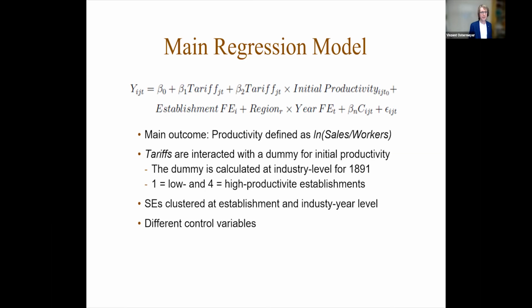So I determine the initial productivity level of all firms by looking at the industry level productivity, and I determine how initially productive they were in comparison to their competitors, that is, whether they were initially more or less productive than their competitors in their industry. And specifically, I define a variable that takes 1 if they were the least initially productive, or 4 if they were the most initially productive. And that's based on the quartiles of the industry level productivity distribution.